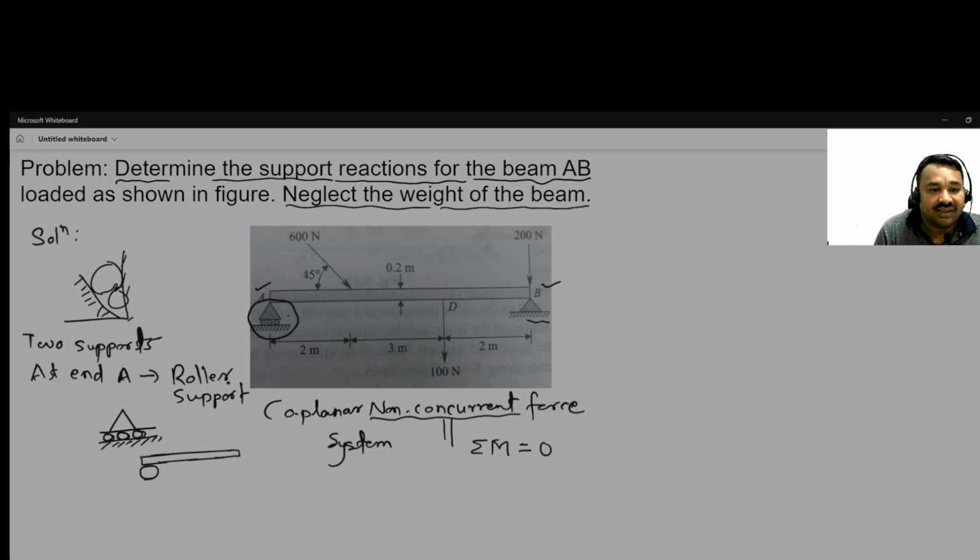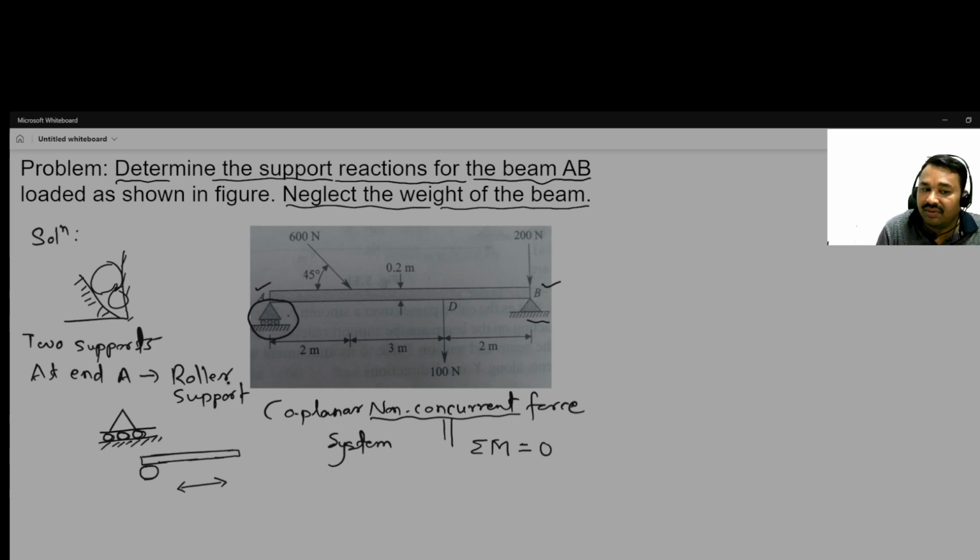If there is a roller support, what does it mean? It means that the beam can translate like this.